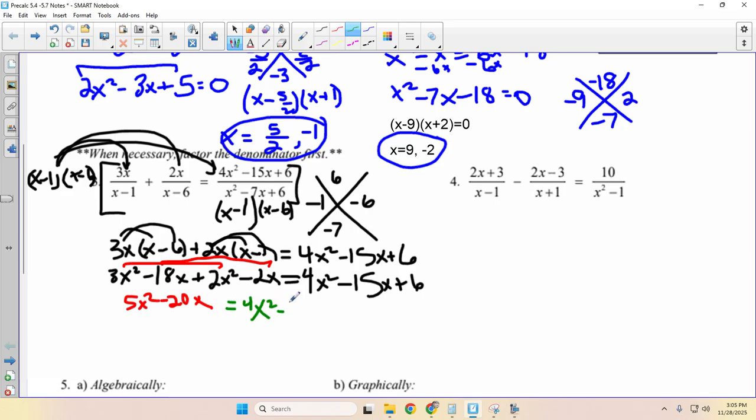We've got 5x squared minus 20x equals 4x squared minus 15x minus 6. We are going to subtract 4x squared, add 15x, and add 6. That gives us x squared minus 5x minus 6 equals 0.